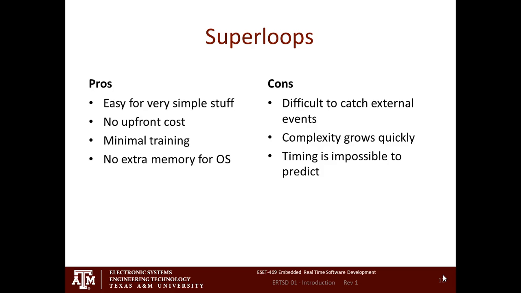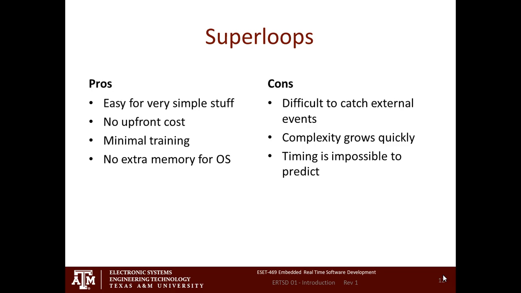Okay? There's a chance that they could type 2 characters and before you get around to reading the first character, the second character's already overwritten the UART buffer, right? Okay, that's a big problem that super loops have, is that if something happens while you're not looking, you don't know.